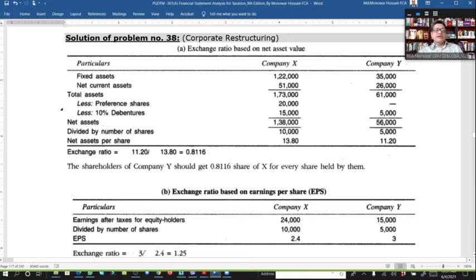It means that the shareholders of company Y should get 0.8116 share of X for every share held by them. So based on that ratio, company X issues shares to the shareholders of company Y and acquires the total company. So this is the exchange ratio based on the net asset value.